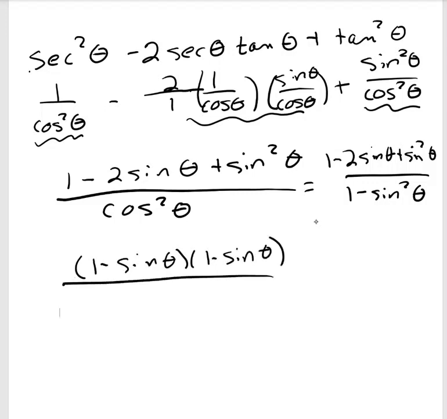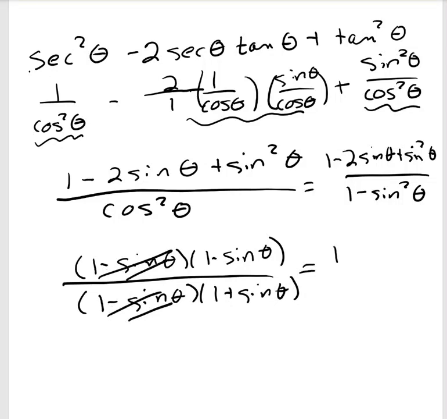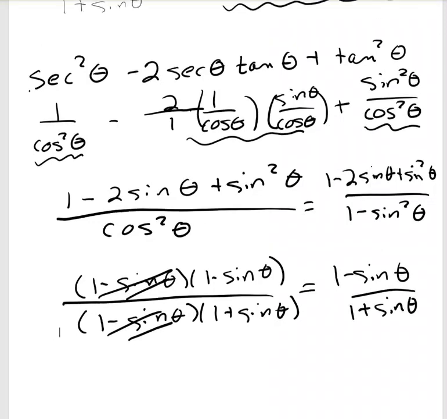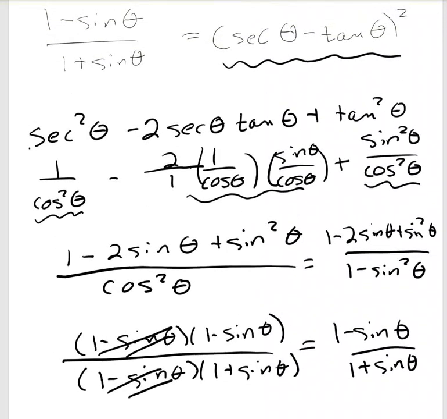And on the bottom, I have a difference of squares, so I have (1 minus sine theta) times (1 plus sine theta). And then the 1 minus sine thetas cancel. So what do I end up with? (1 minus sine theta) over (1 plus sine theta), which, if we go back, is what we wanted. So this time I started with the right and I ended up on the left. It doesn't matter which side you start on, it just matters that you get the answer.